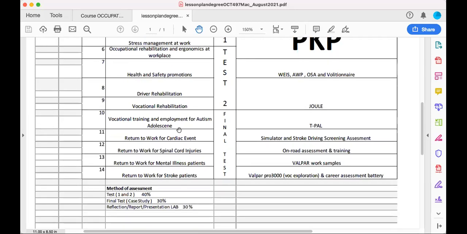And then this one is very specific, vocational training and employment for autistic adolescents. So it is a very important topic, autism in employment. Currently there is a lot of discussion about autism in terms of employment, so I am going to address this in week 10.